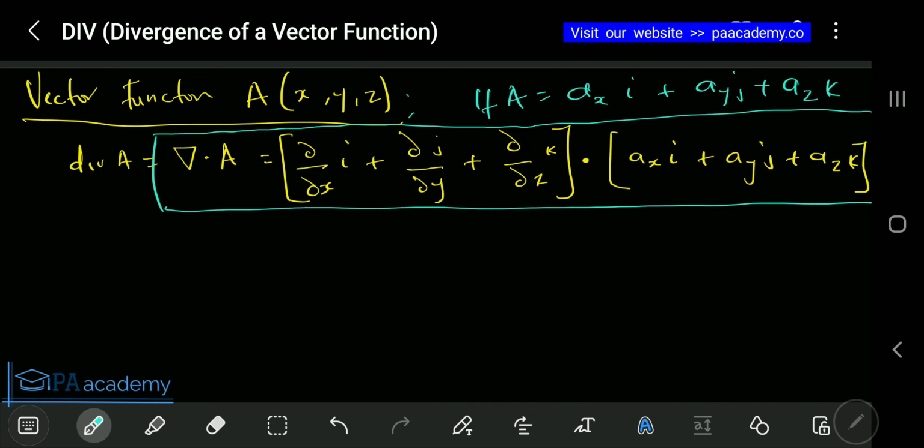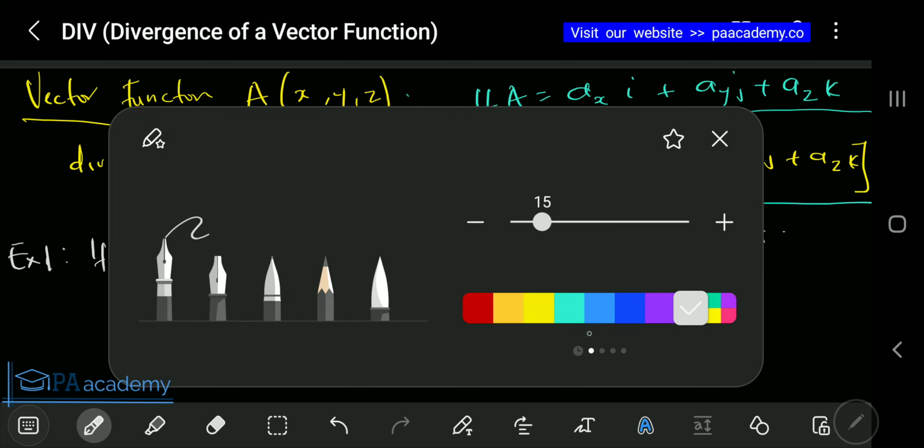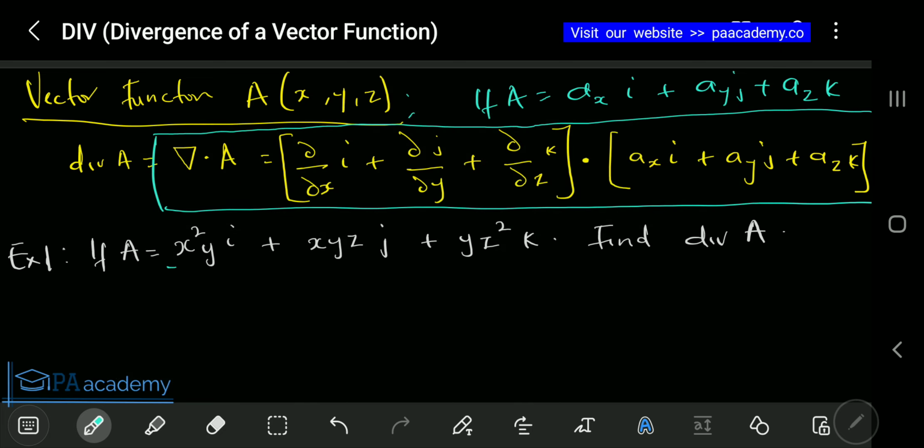Let's look at one example to explain what we have on the screen. The question says, if A, which happens to be the function, is given as x squared y i plus xyz j plus yz squared k, we are asked to look for div A, that's the divergence of the function A. Remember, we already have the formula to calculate it.